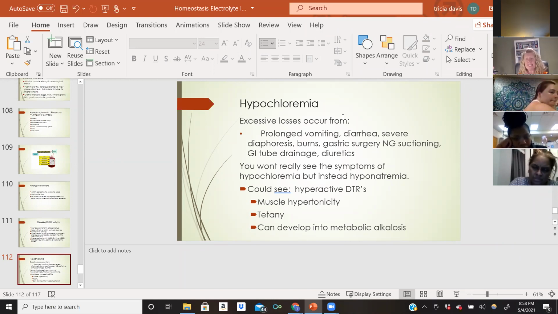You won't really see the symptoms of hypochloremia, but instead it's going to be hyponatremia. Remember, we said that they coincide together. So if you have low chloride, you have hyponatremia as well.